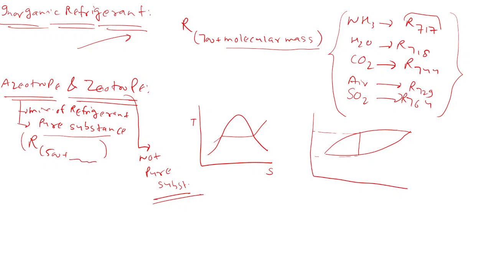Actually, for the zeotrope, no pattern is there. It starts with 500 and it will come here. Okay, sir. So after this, only these four things are there for the nomenclature, and now we will go back to the properties of the refrigerant.